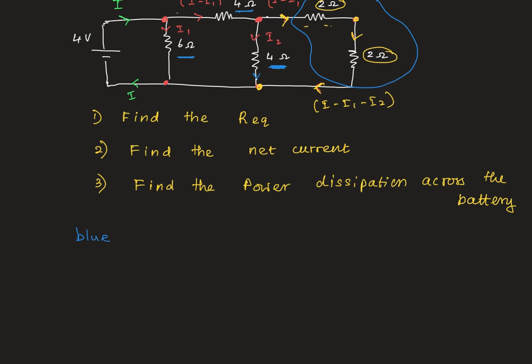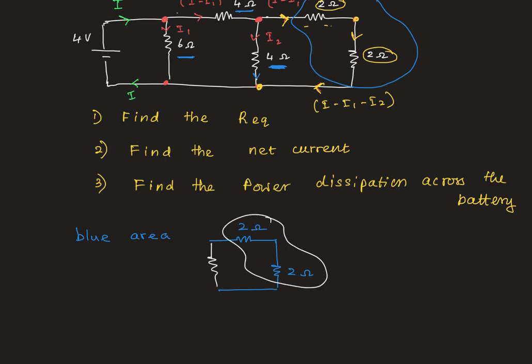Blue area. So I am only looking at the blue area where you have a 2 ohm resistor and the 2 ohm resistor, and there's more here, but we are only looking at these two.